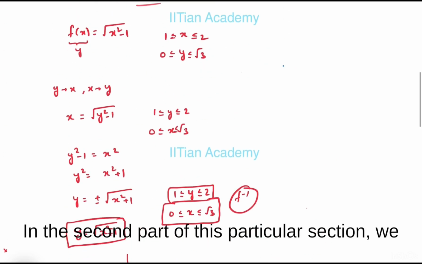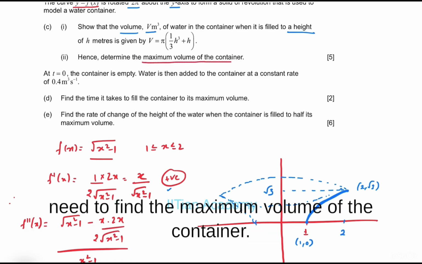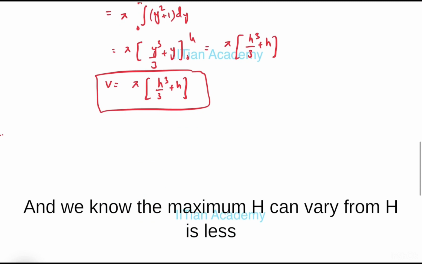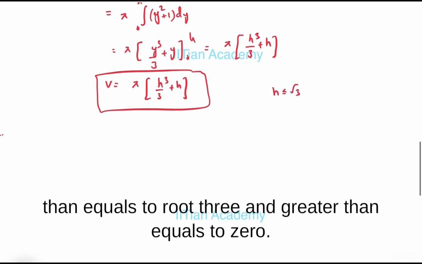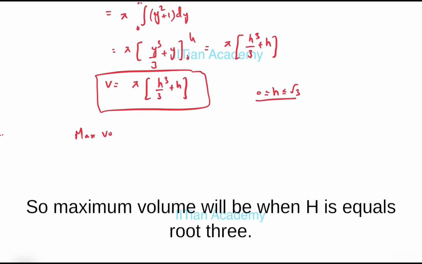So in the second part of this particular section we need to find the maximum volume of the container, and we know h can vary such that h is less than or equal to root 3 and greater than or equal to 0. So h can maximum be root 3. So maximum volume will be when h is equal to root 3.